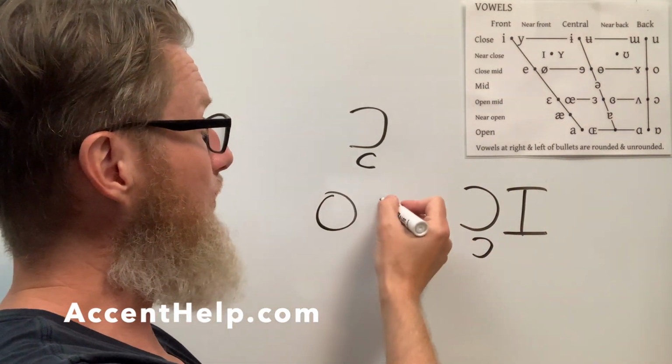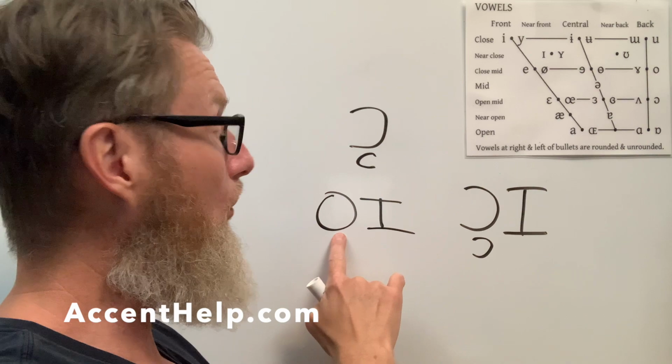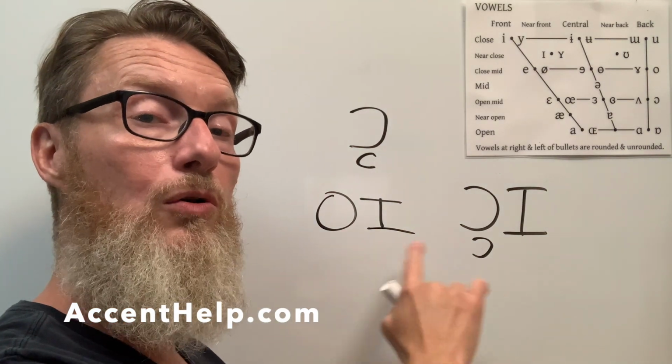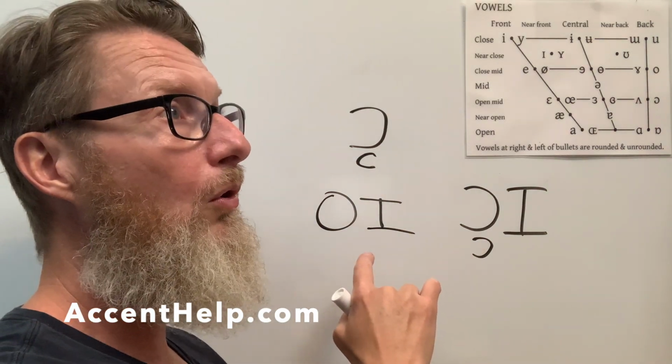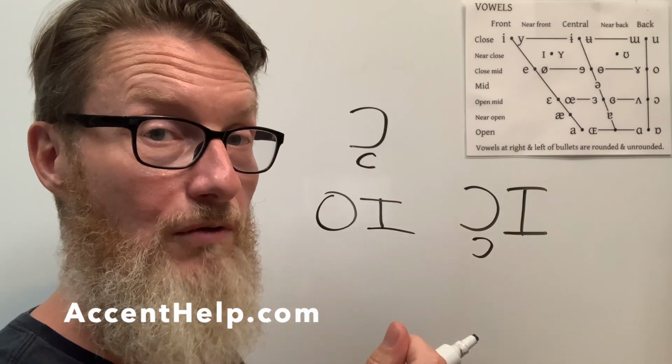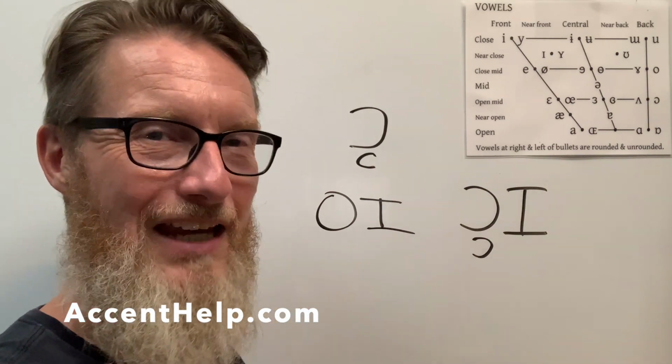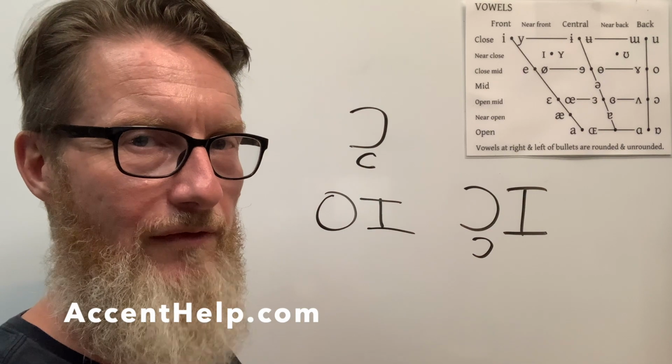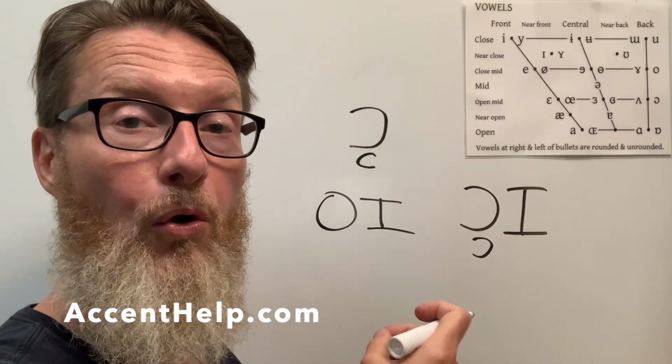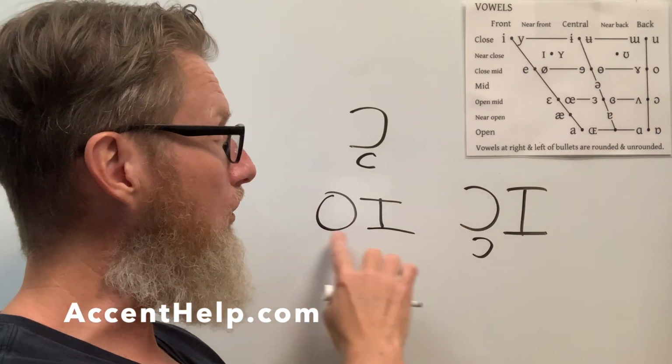Once in a while, I'll see people transcribe it more as this, the O that we talked about in the goat diphthong. Again, most Americans don't round it that much. You can't necessarily base it on your own pronunciation of it, but go, don't ya know, o, oi.